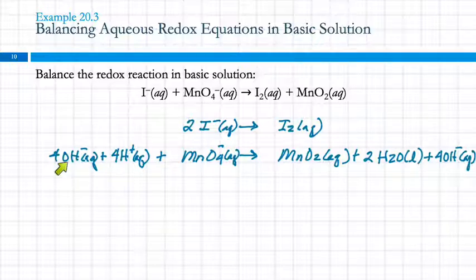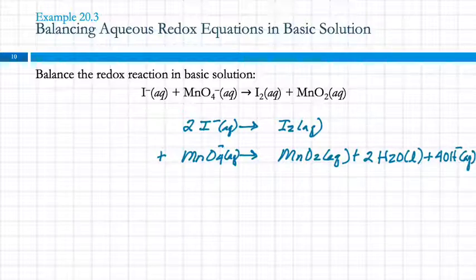And that's going to happen because we put 4 hydroxides in there on purpose to neutralize the 4 hydrogen ions. Because it's a basic solution. We can't have hydrogen ions floating around. But we have hydroxide ions. So what I'm going to do is I'm going to erase that, and I'm going to write 4H2O, because that's what they make.